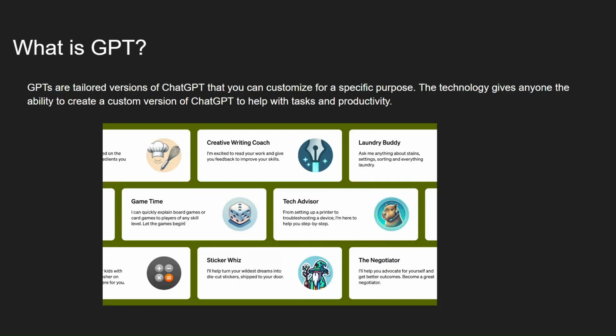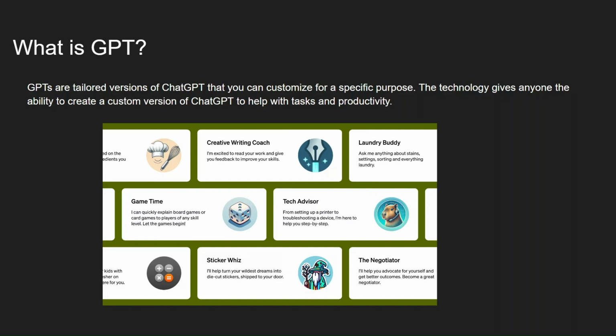So what are GPTs? They are nothing but tailored versions of ChatGPT that can be customized for a specific task. The technology gives anyone the ability to create a custom GPT to help with tasks and enhance productivity.